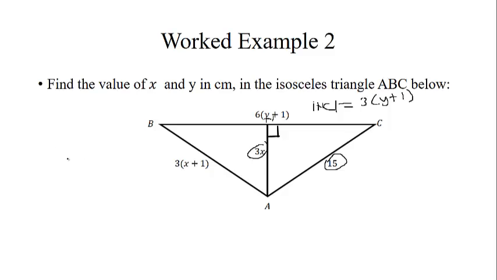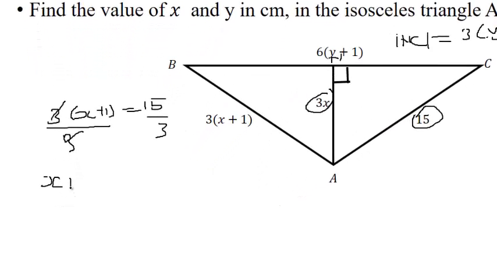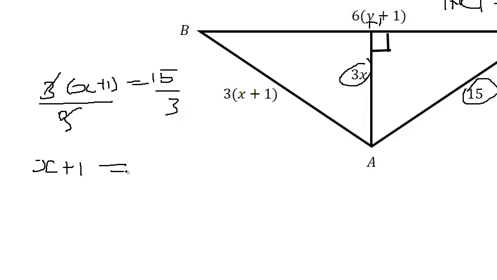So we know 3 into bracket x plus 1 is supposed to be equal to 15. Now this gives us x plus 1 is equal to 5. So we must have x equal to 4.